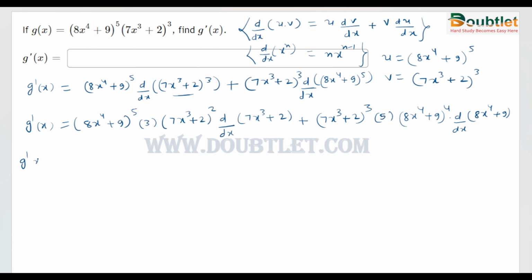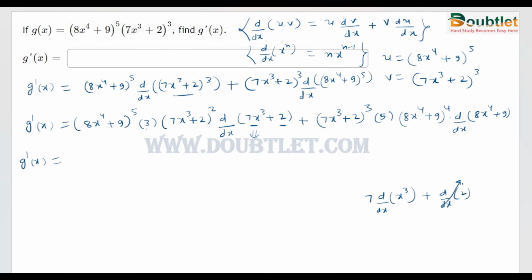So to solve it further, we know that if we differentiate this function, we have to differentiate this first and then this. So this is a constant term, differentiation of a constant term is 0, then we need to differentiate this only. So this is 3, and 3 will come in front. So it will become dy/dx of 7x^3, so 7 is a constant, it will be thrown outside, plus dy/dx of 2.